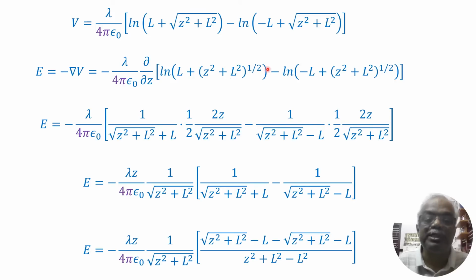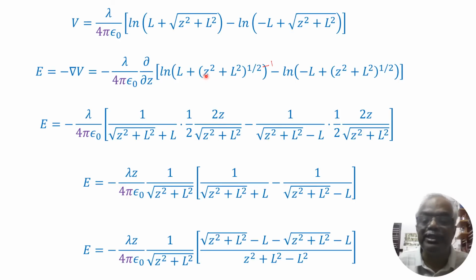This is the power half, so this will become half, then the power will reduce by 1, half minus 1 is minus half, so I am taking this term to the denominator.